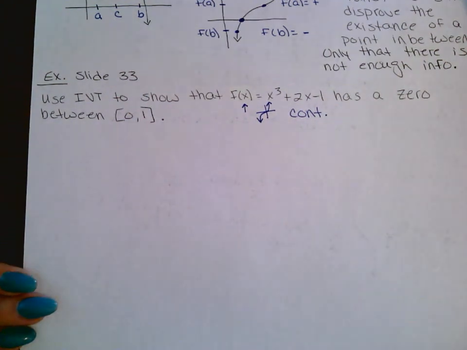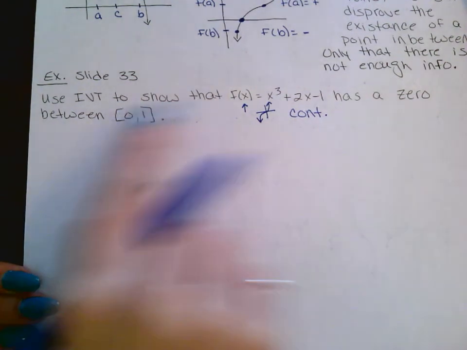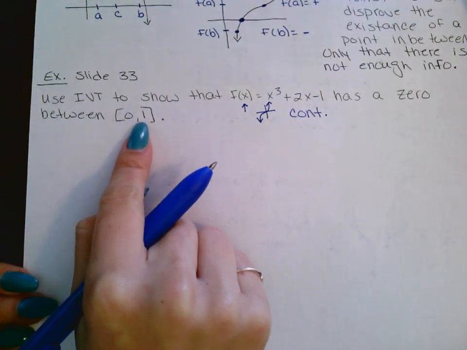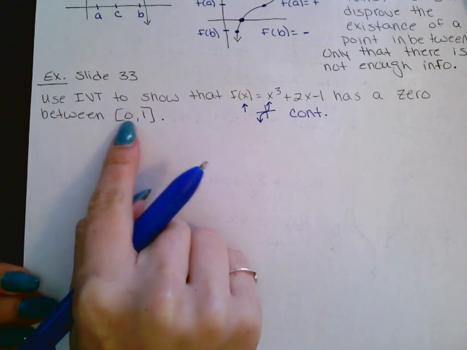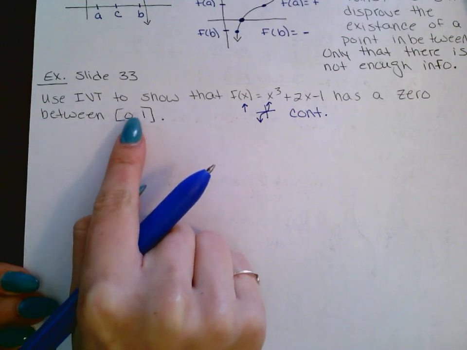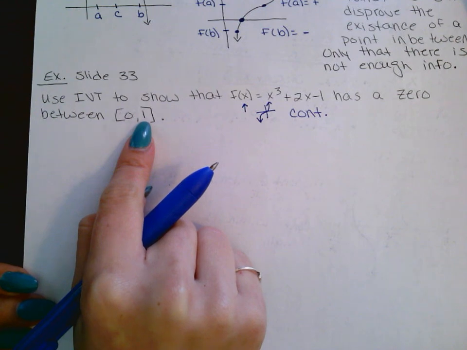Okay, there's no holes or asymptotes in that polynomial. So according to my theorem, I want to find a and b. The fact that it says in between lets me know that this is not an ordered pair. This is my first x and my second x, like my a and my b, and I want to find f of a and f of b, what those two y values are.